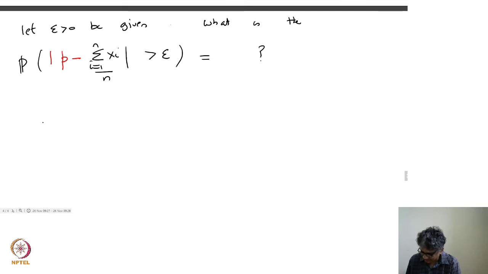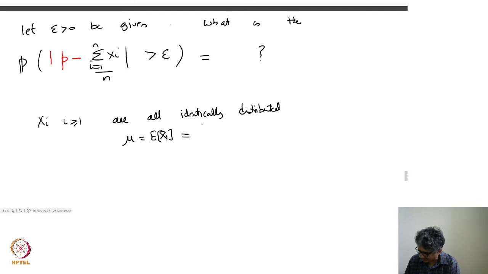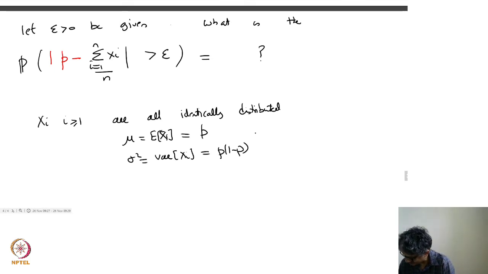We know the xi, for i equal to 1 to n, are independent and identically distributed. I'll call mu, which is E of x1, equal to P, and sigma squared, which is the variance of x1, or of xi for every i, equal to P times (1 minus P). These are both finite numbers for all i, and the xi are independent.